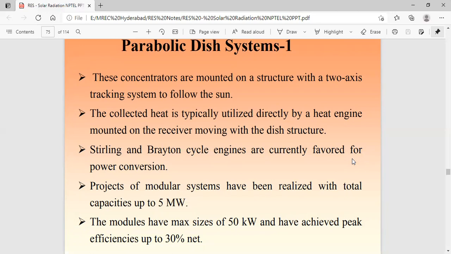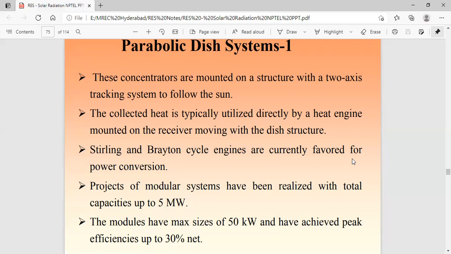The collected heat is typically utilized directly by a heat engine mounted on the receiver, moving with the dish structure. Stirling and Brayton cycle engines are currently favored for power conversion.